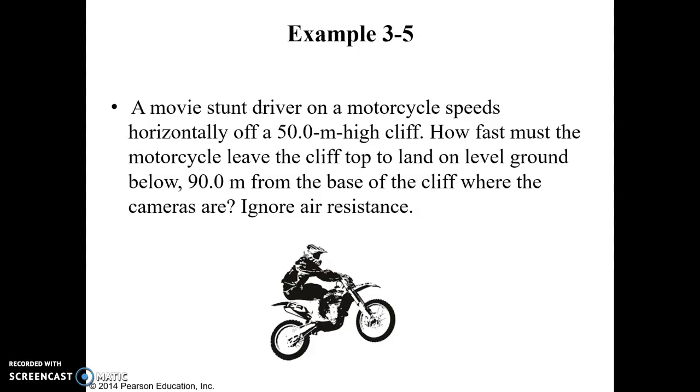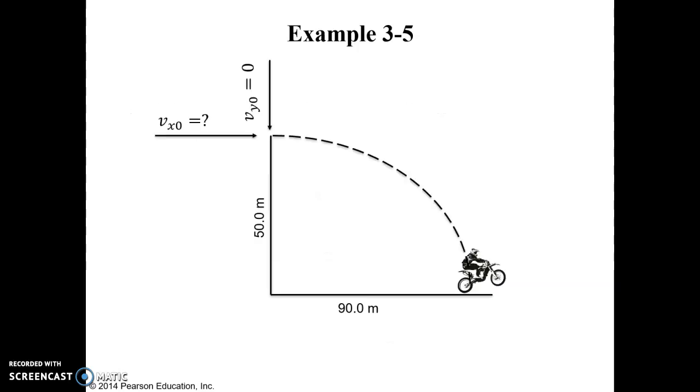So again, I always recommend drawing a diagram. So that's what we have here. We've got our cliff that's 50 meters tall. We want to land 90 meters away. We're going to drive off of the cliff with some as yet unknown horizontal velocity.